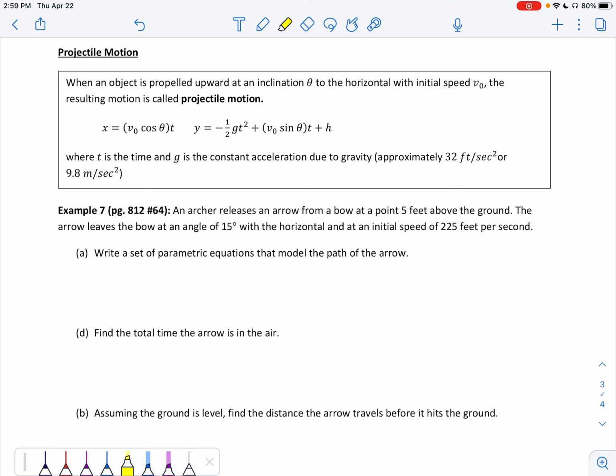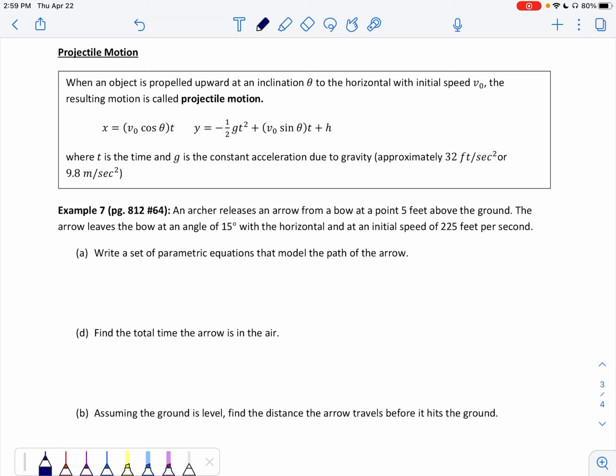So if we have an object that is thrown upwards or shot upwards at an angle of theta degrees to the horizontal with an initial speed of v0, then we can find the horizontal distance and the vertical distance that that object has traveled using these equations.